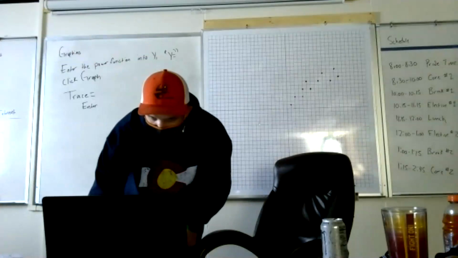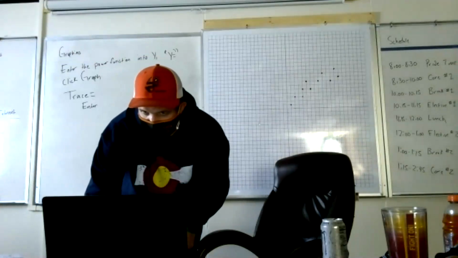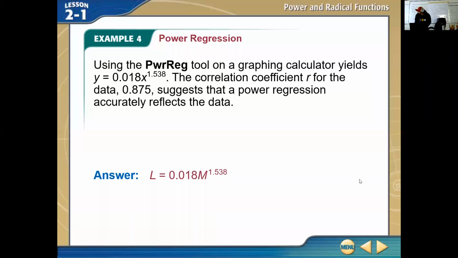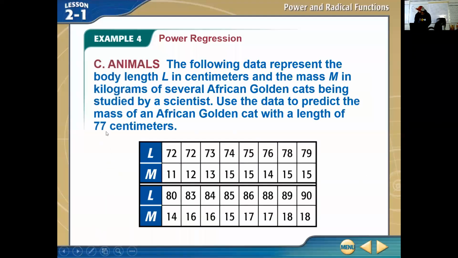So in this case, it's 77. Since they want us to find 77 centimeters, after we click trace, we type in 77, click enter. What that does is it gets the graphing calculator to plug 77 in and then spit out an answer.